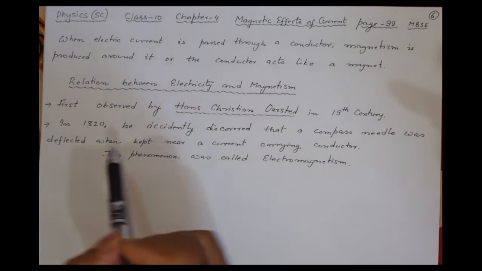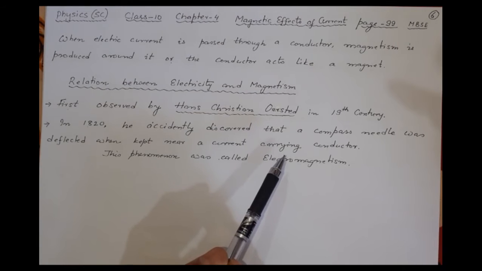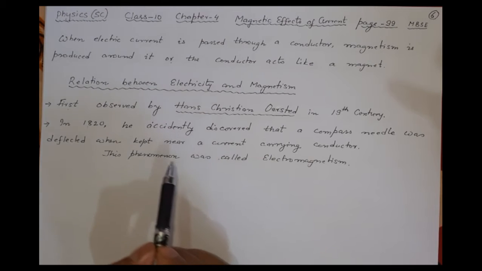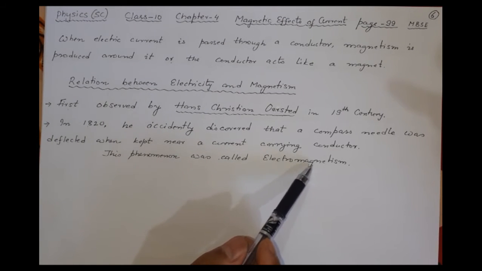So he discovered that there is current passing through a conductor, and near that he kept a compass, which was getting deflected, getting affected by the current passing through the conductor. So he realized immediately that electricity is producing magnetism.